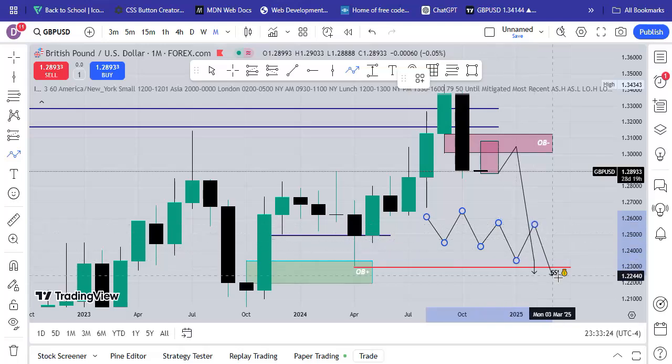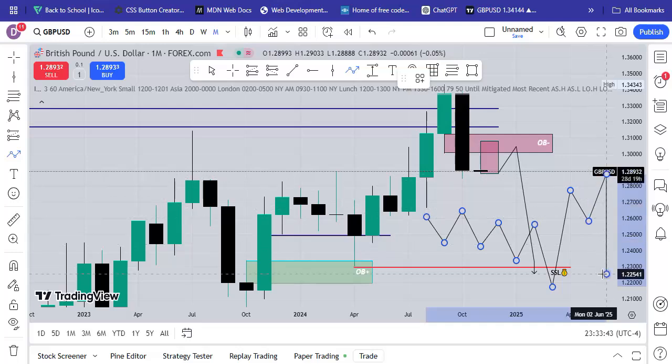And you know, we take out all the people that sold right there. You still have this, take out this high, and then have this low. Price then returns to this point.